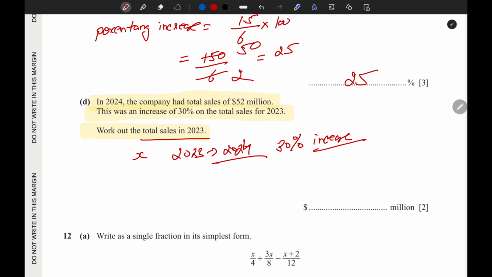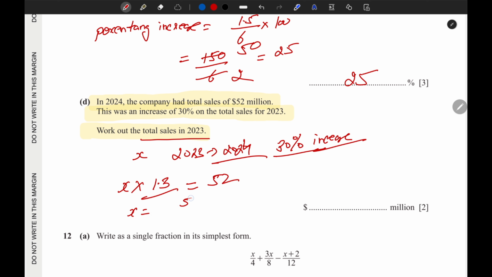So a 30% increase means we have to use the multiplication factor. So X times, for a 30% increase, will be 1.3. You know, no? By using the multiplication factor, because this has increased. So X into 1.3 equals 52 million. So what is X?